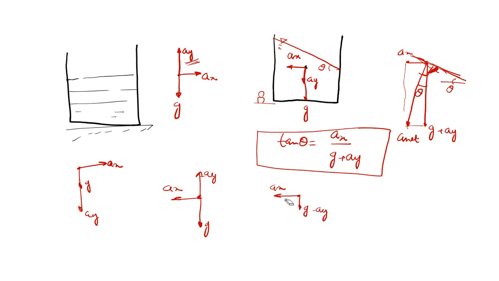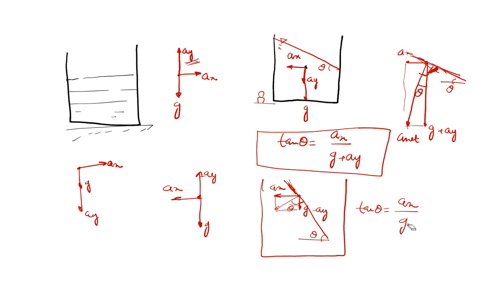So what will be the net acceleration now? This. So this will be the free surface of the fluid, 90 degrees from here. So let's suppose this makes theta degrees, so this will be like this, right? Bucket. So this will be the free surface with angle theta. Then this is 90 minus theta, then this is theta. So what is tan theta again? Ax upon g minus ay.